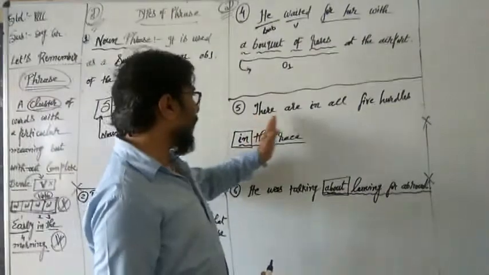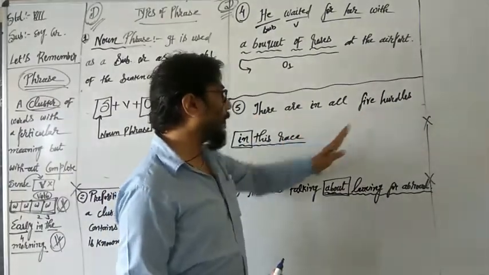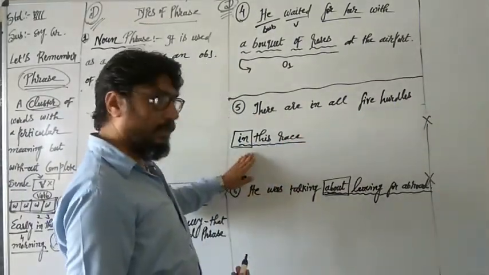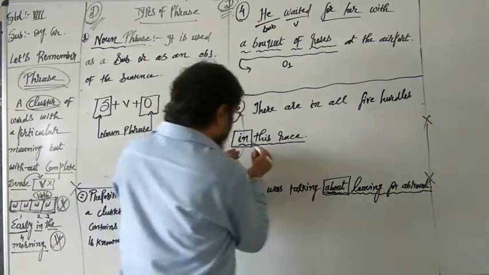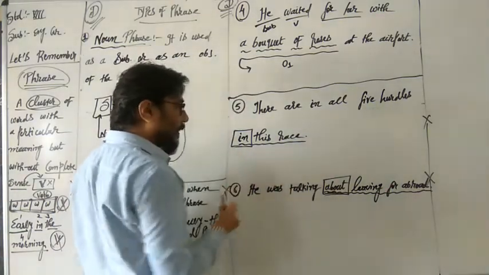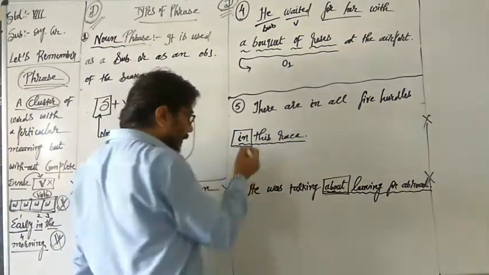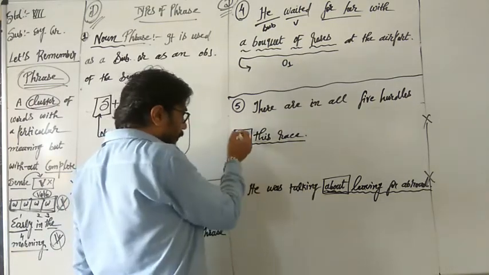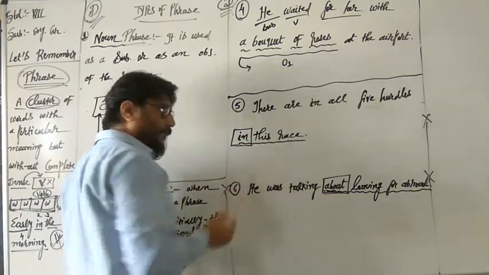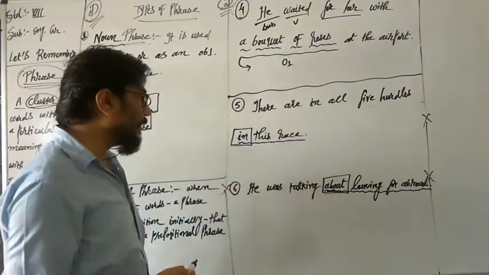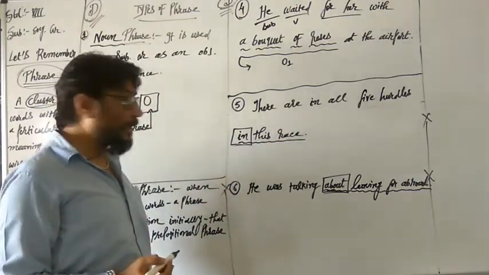What's there? There are in all 5 hurdles in this race. You see here, in this race is the underlined phrase. Think about the initial word of the phrase, that is in. What is in? In is equal to preposition.